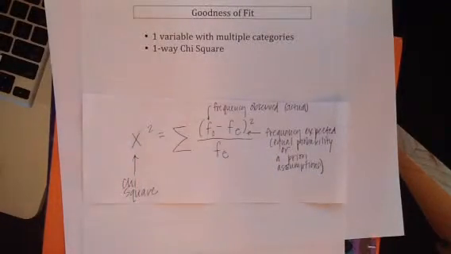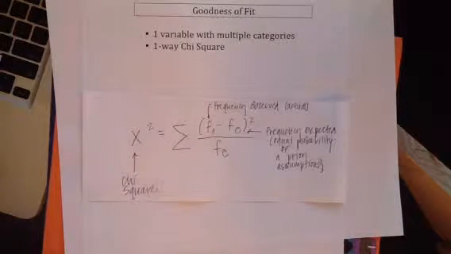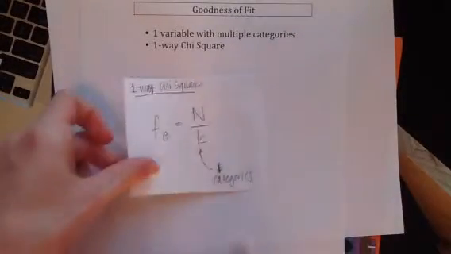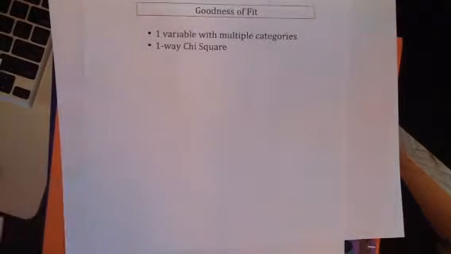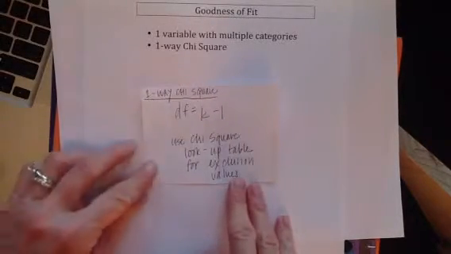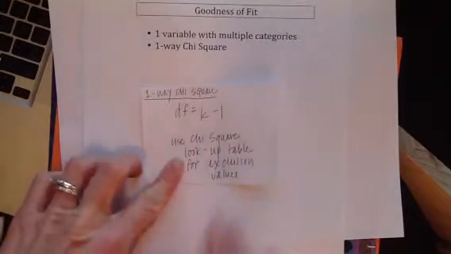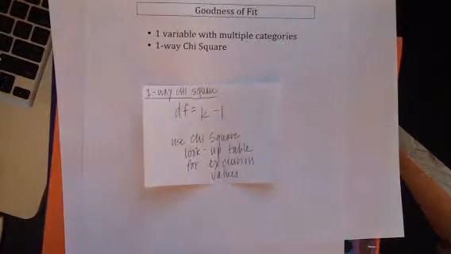Now, when you actually find your chi-square value, you then have to use a lookup table using degrees of freedom. So your degrees of freedom for the one-way chi-square is simply k minus 1, so your number of categories minus 1, and then you use the lookup table to find your exclusion values.